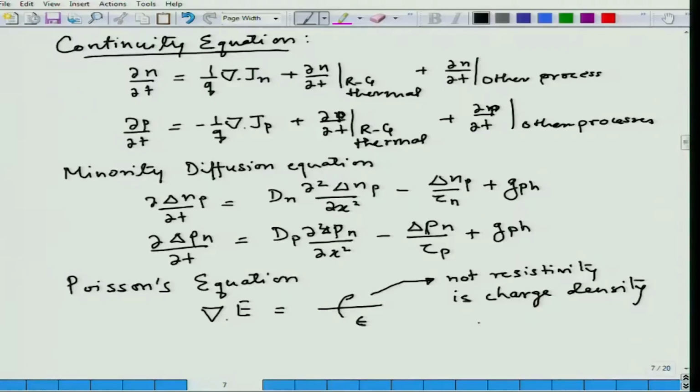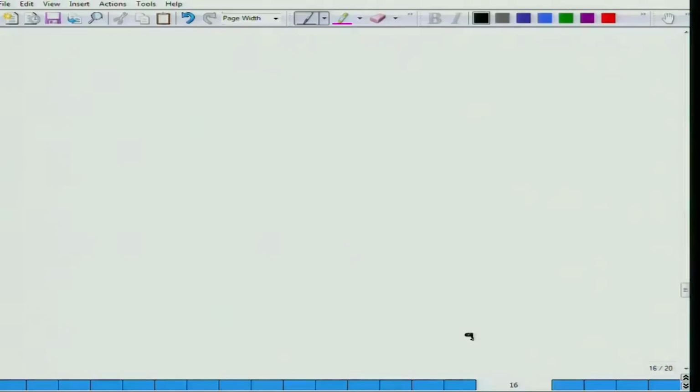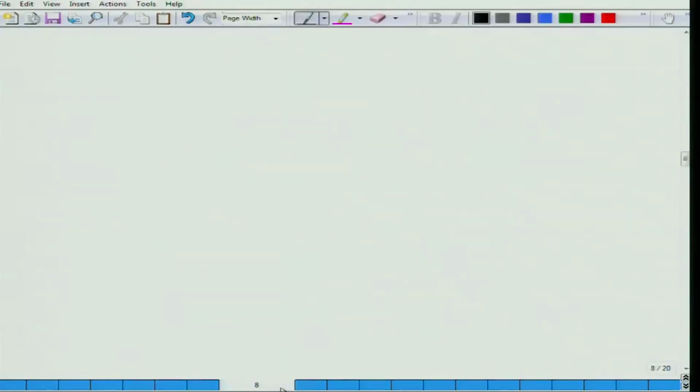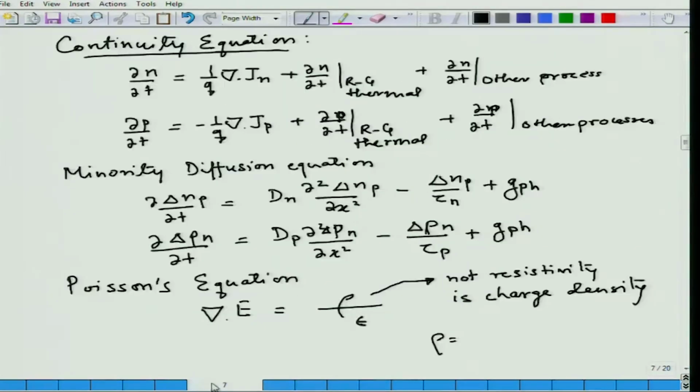And in a semiconductor, rho is equal to the charge q times the number of holes minus the number of electrons plus the number of ionized donors minus the number of ionized acceptors.